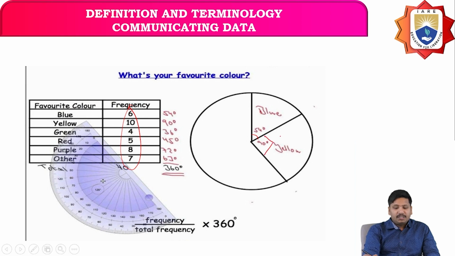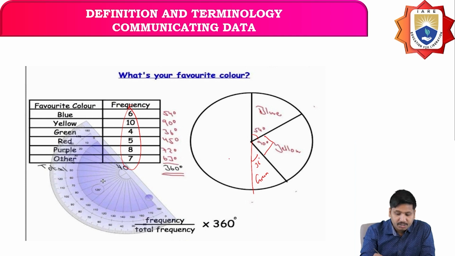The next one is 90, and similarly the next one, green, should be 36 degrees. The next one, red, 45 degrees. The next one, purple, 72 degrees. And 63 degrees.